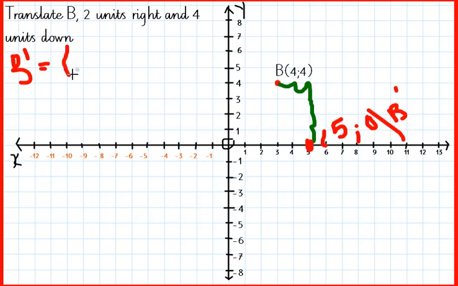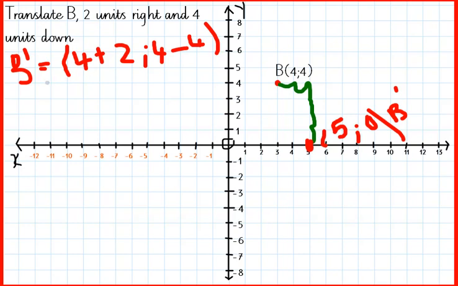So we'd say, for our X, we have 4. And we said we move it to the right, so that's plus 2. And we take our Y, which is also 4, and we move downward, so that's minus 4.